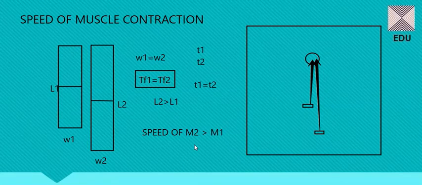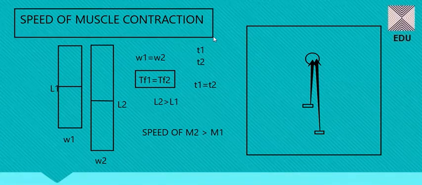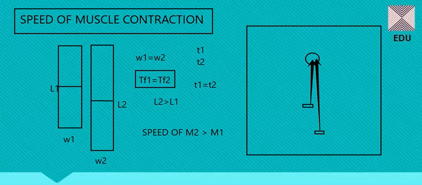So if the tensile force is the same, the time taken to reach half of the length will again be the same. Then the speed of muscle 2 will be greater than the speed of muscle 1. So that was all about the speed of the muscle contraction. I hope you have understood the topic.